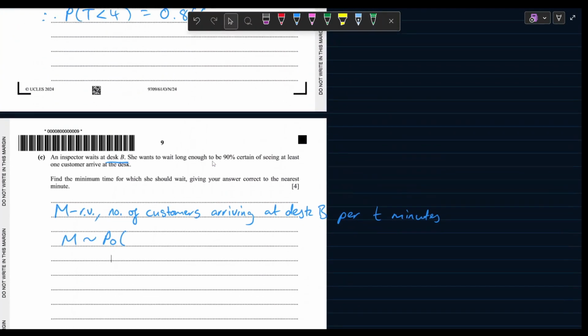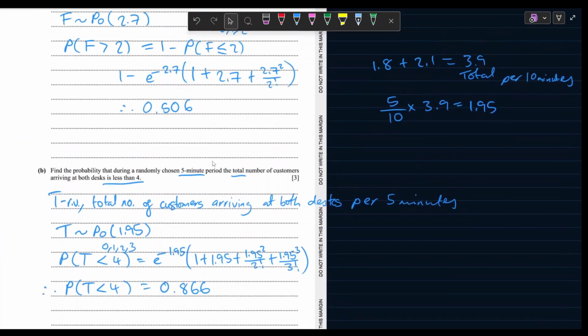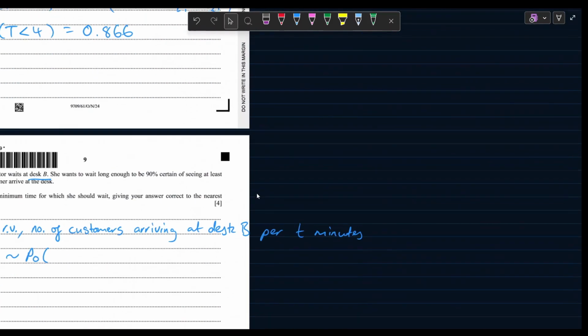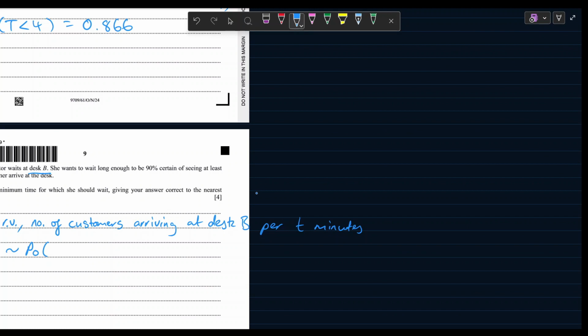So how we can do this is to say that we know that at desk B, for a 10-minute period, it's 2.1. So what about for a 1-minute period? It's going to be a tenth of 2.1, that's going to give us 0.21.